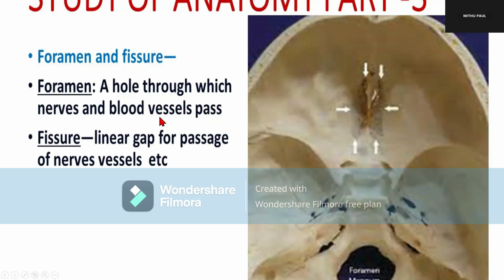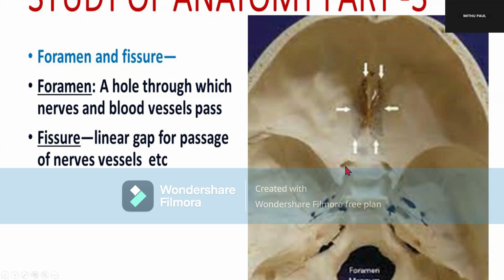Now to say about some of the depressions. One, fossa, has been said already, and these are some more: foramens and fissure. Foramens are the holes, many lying at the base of the skull. The brain is lying inside the cranial cavity, and the 12 pairs of cranial nerves come out of this cranial cavity to supply the structures they are meant for.